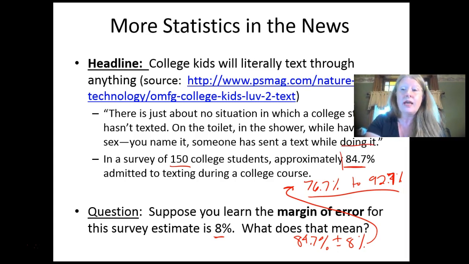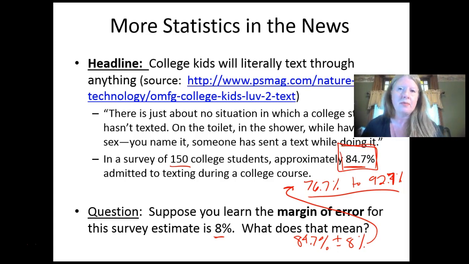So our original estimate, we're saying we have a certain level of confidence that it's within 8% of the truth of what's going on in the population. So this could be an interval that captures what's going on in the population, but it's possible that it's not going to capture that. We're not 100% confident that the interval will capture that. So I'm going to pause here, and I have one more quick video to wrap up a few other things.